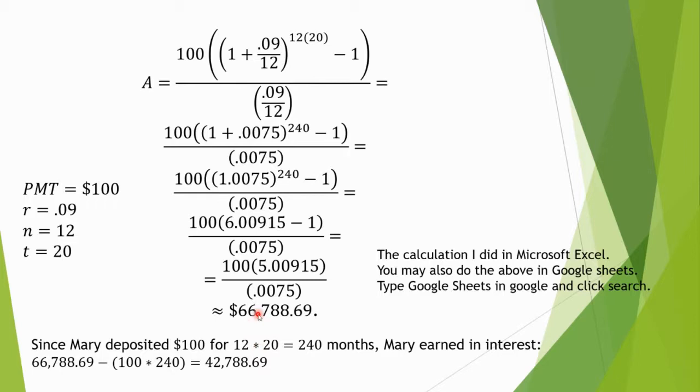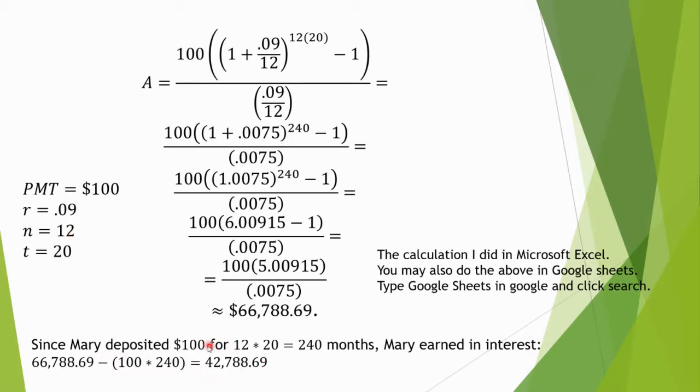So this is going to have the monthly deposits along with the interest. How do you get the interest? Well, this is the total. We subtract the monthly deposits she makes. They're each $100, 240 of them, because it's 20 years, 12 months per year.